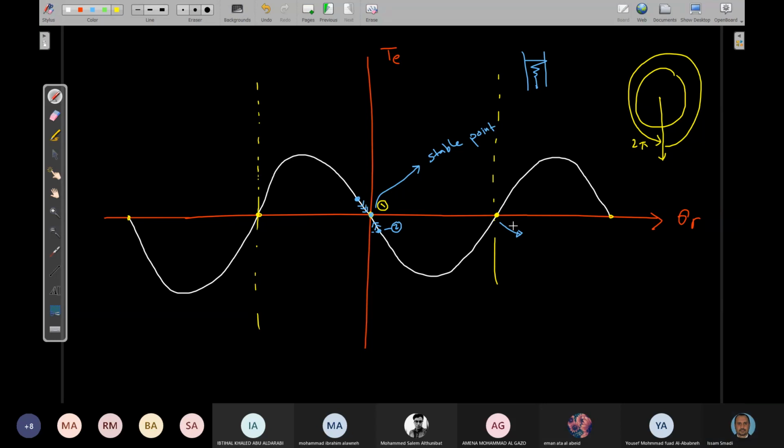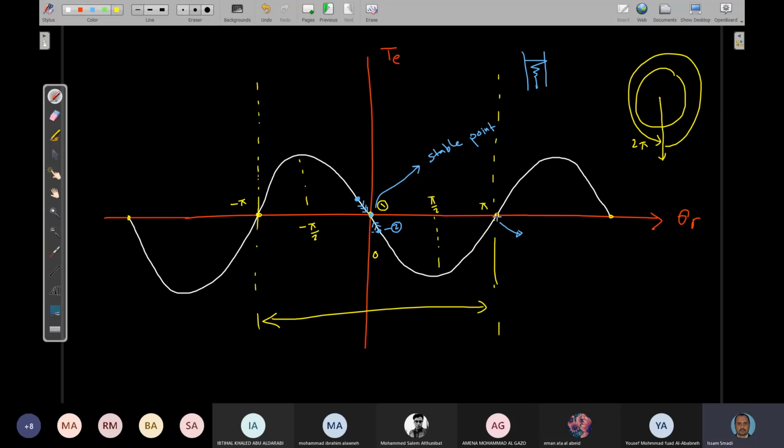This one and this one are the same. This is the 0. This is the pi over 2. This is the pi. This is the minus pi. And this is the minus pi over 2. So I need only to discuss this rotor span.